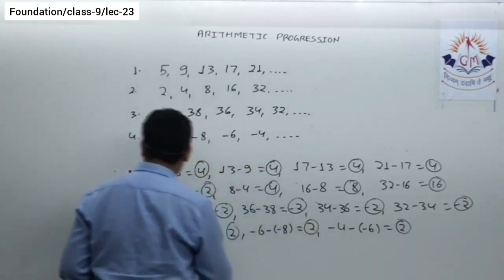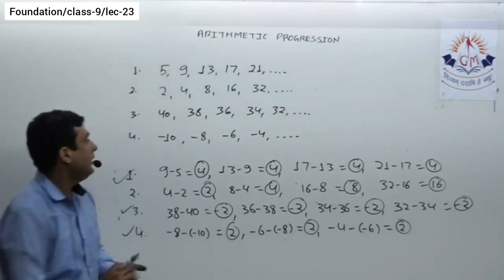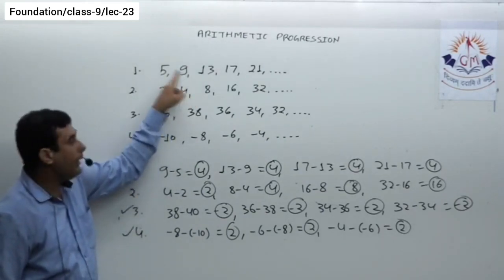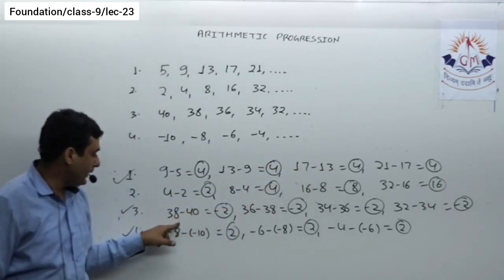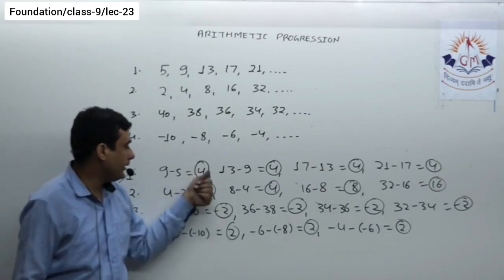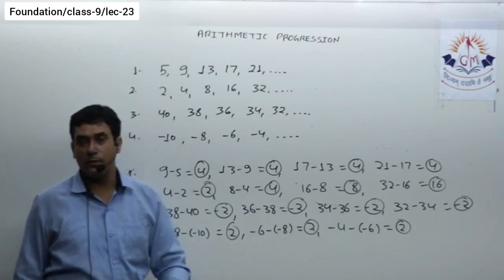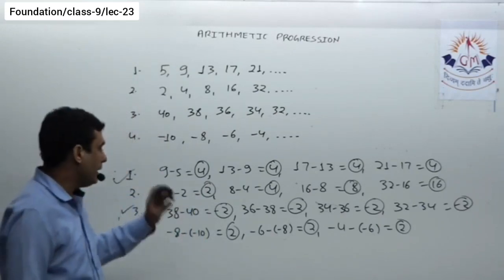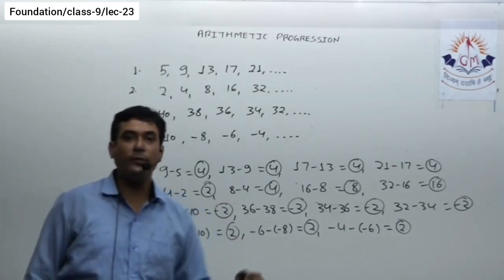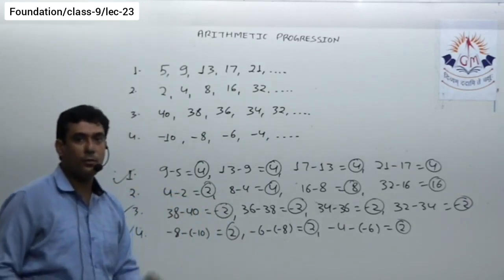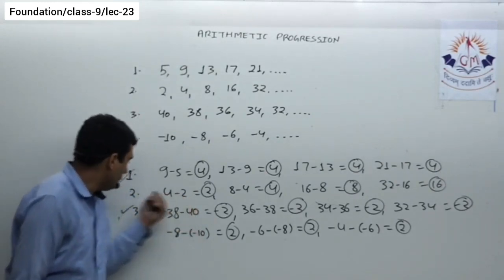So in the first, third and fourth, we can say the difference between any term and the previous term is constant, whether it is positive or negative. So these types of sequences are called progressions. A sequence in which the difference between any term and the previous term is always constant is called the arithmetic progression.